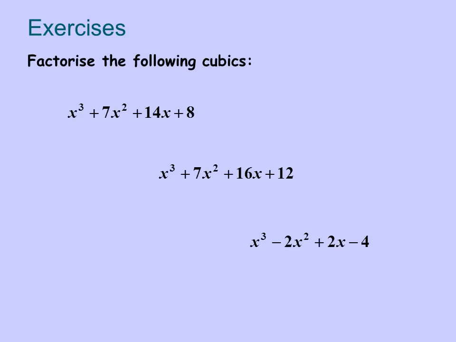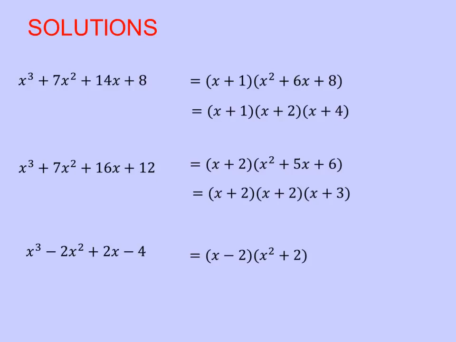Remember, I may have used another value to substitute in when using the factor theorem, but your final answer should be the same as mine. So, for question 1, x cubed plus 7x squared plus 14x plus 8 factorises to (x plus 1)(x plus 2)(x plus 4). x cubed plus 7x squared plus 16x plus 12 factorises to (x plus 2)(x plus 2)(x plus 3).